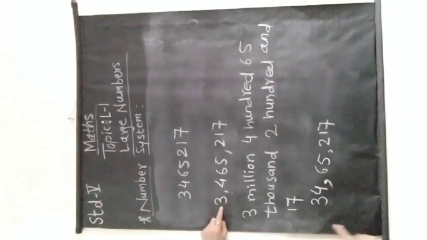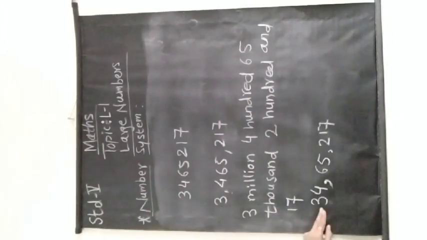In the international system we use million and billion, and in the Indian system we use lakhs, 10 lakhs, crore, 10 crore. Okay students, understand the difference between these.